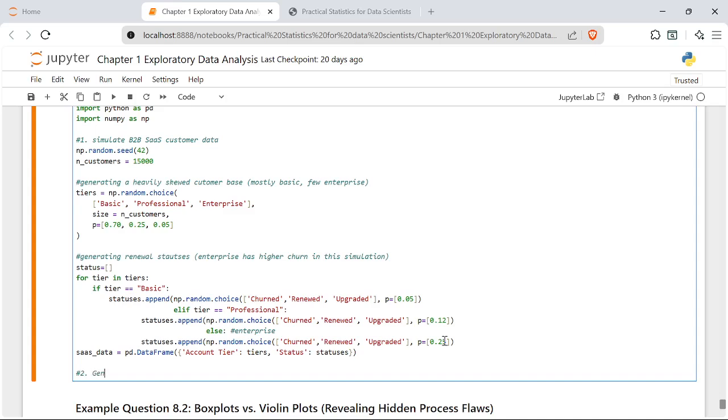Generate the raw count contingency table.